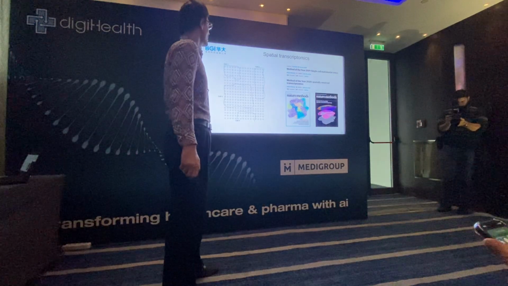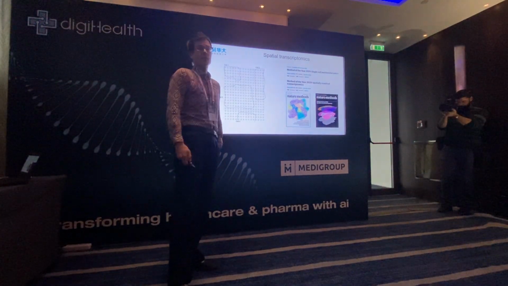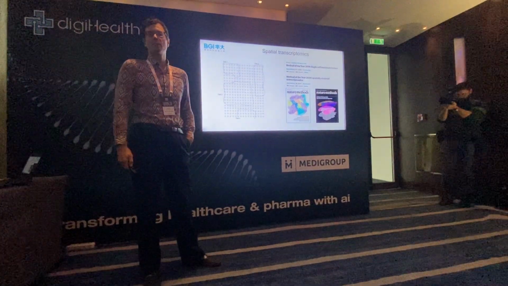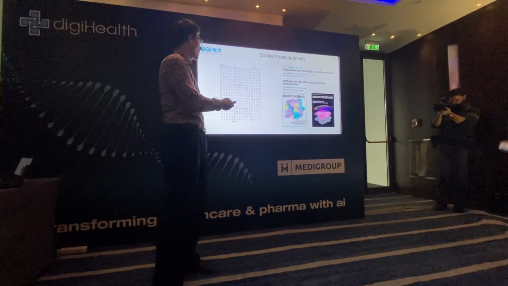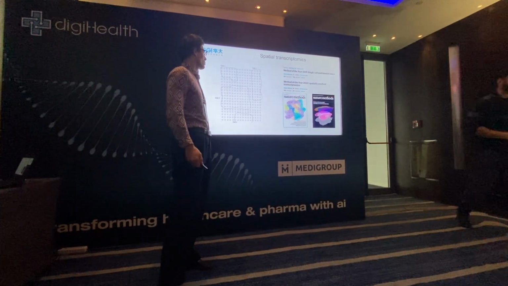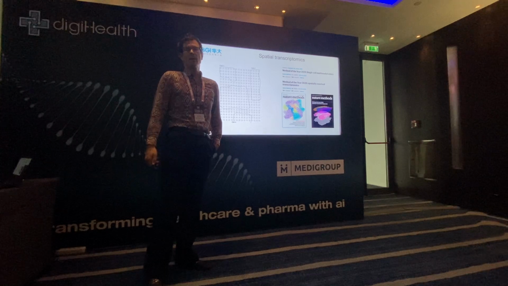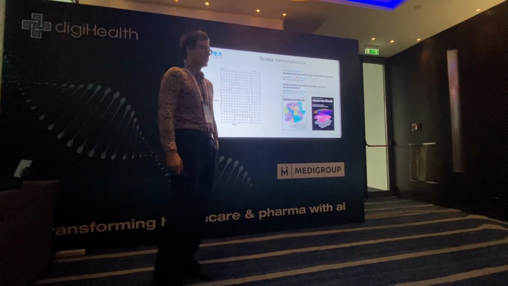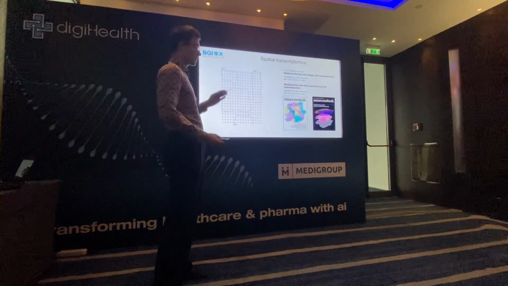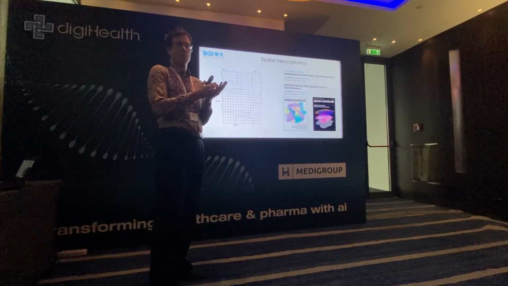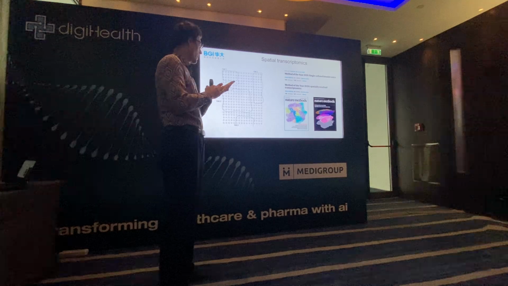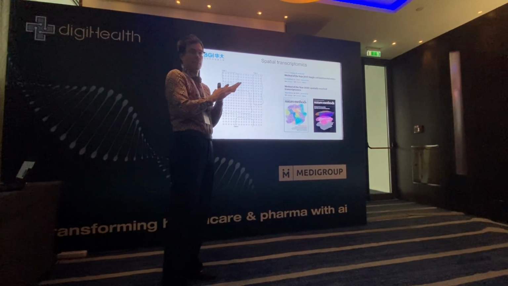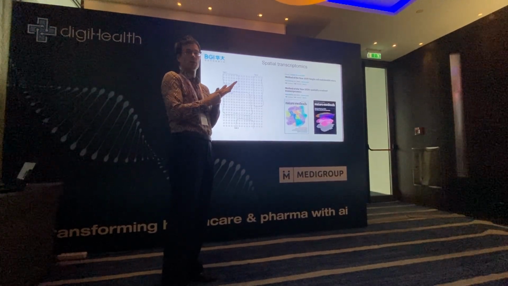Spatial transcriptomics has been with us as a commercially available technology for more than 8 years now. In 2020 it was announced to be the method of the year, and through its process it allows us to sequence thin slices of the tissue and obtain individual expressions of the individual cells.